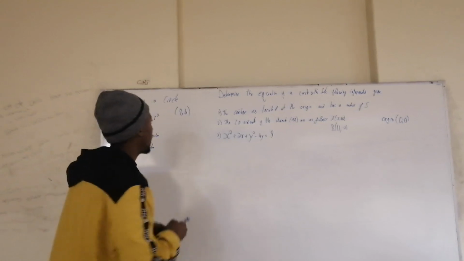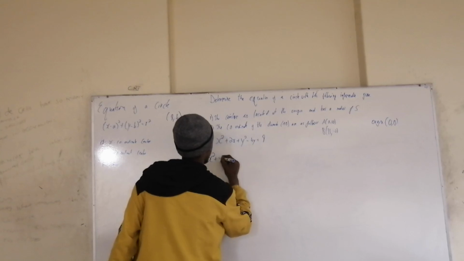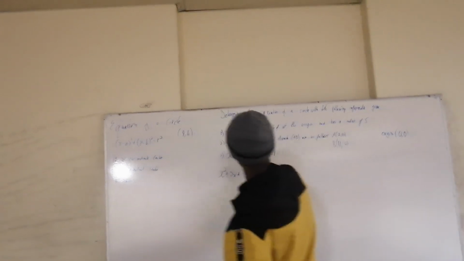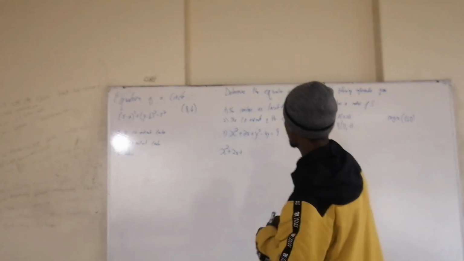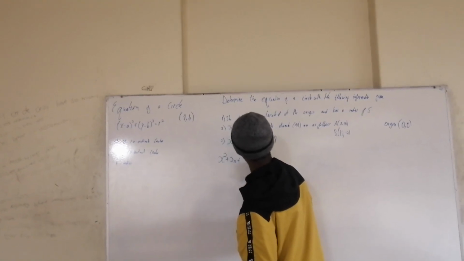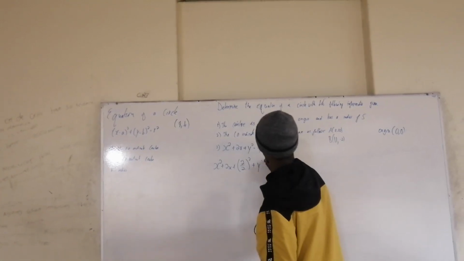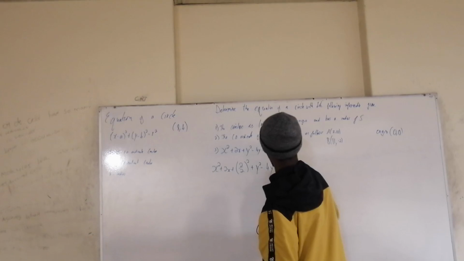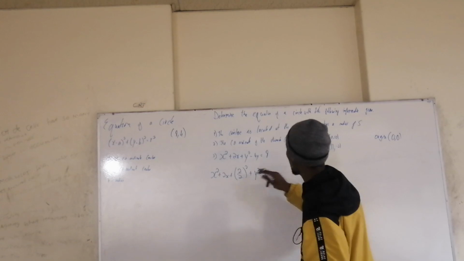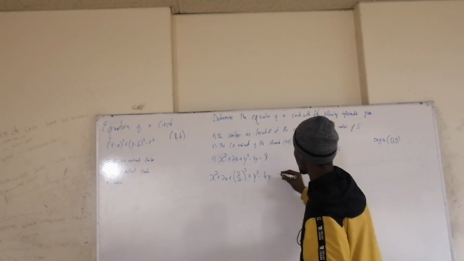This being said, we're going to do it like this: x squared plus 2x plus, we're going to take the value of the 2 in front of the x, we are going to divide it by 2, and we're going to square it, plus y squared minus 4y. We're going to take the value of this 4, and because it has a negative sign in front of it, we're going to include that negative sign here.